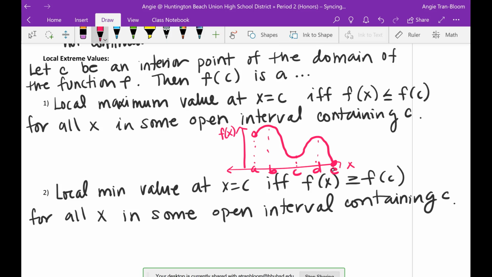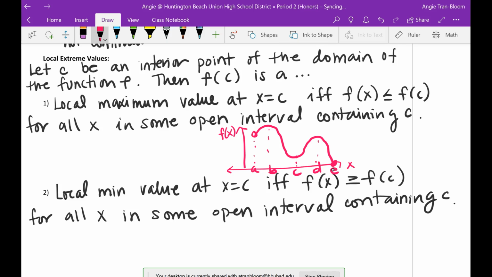Where? At E, you're right. Then what do you call C and D? They're locals. C is a local min. D is a local max. But here's the thing: B is definitely an absolute, but it's also a local.